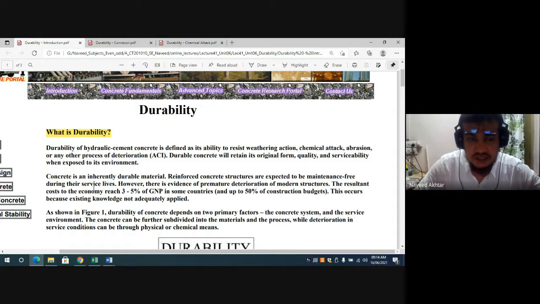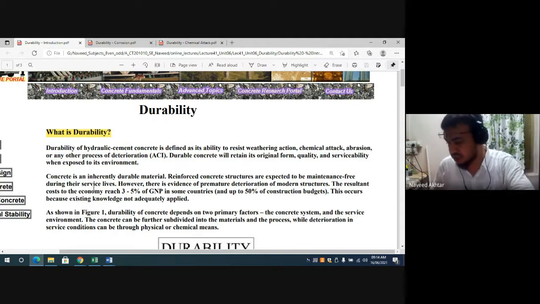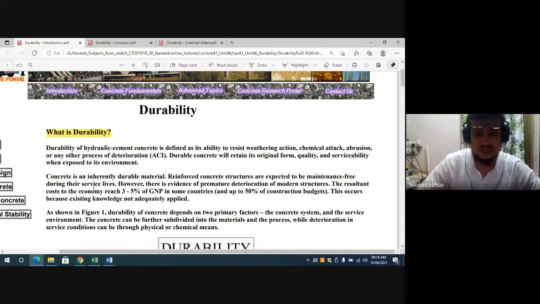It is widely used because you can mold it into any shape and place it in the fresh state. Its properties are very good, and after hardening its properties are also very good. That's why concrete is a very important construction material.